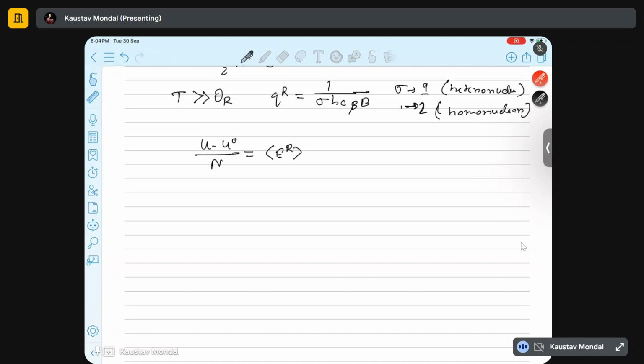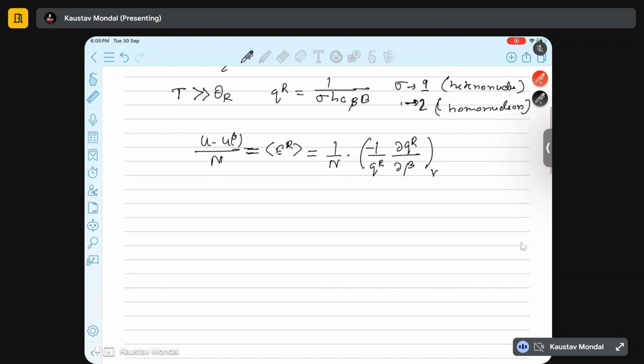The total internal energy of the system divided by the total number of molecules gives you the average energy, and the expression is minus 1 by QR, del QR by del beta, at constant volume.